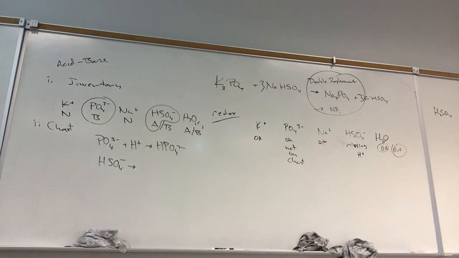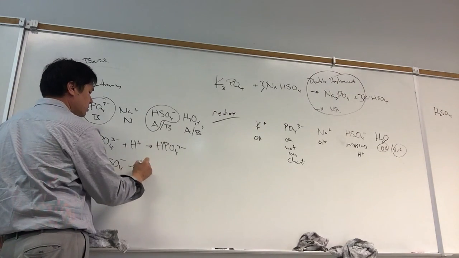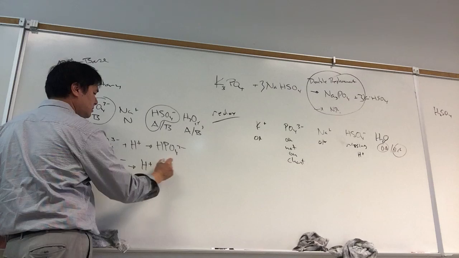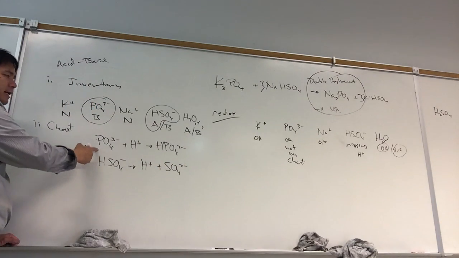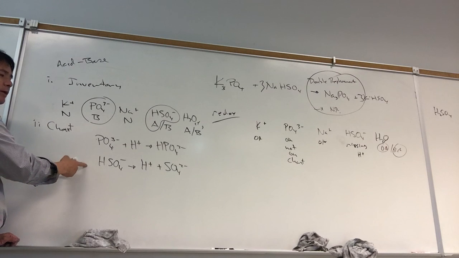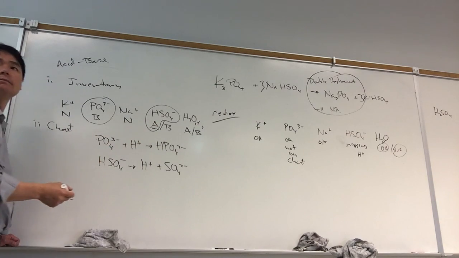Here it occurs as an acid. Here it occurs as a base. So we've got to make sure we write the right one. It occurs as an acid here: HSO4 minus yields H plus plus sulfate. Phosphate is only a base, so there's only one equation. HSO4 minus, we had a choice, and we knew it was this one because we chose it as the acid.